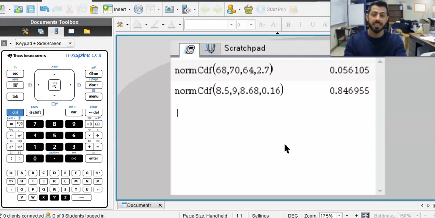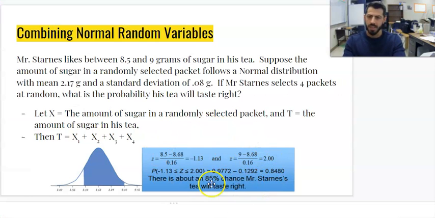So the probability that his tea tastes right is 0.847 if you round it. So there's an 84.7% chance that he gets it right using 4 packets of sugar, which is probably why he uses 4 packets of sugar. So there you go. And here's the same thing done by hand.